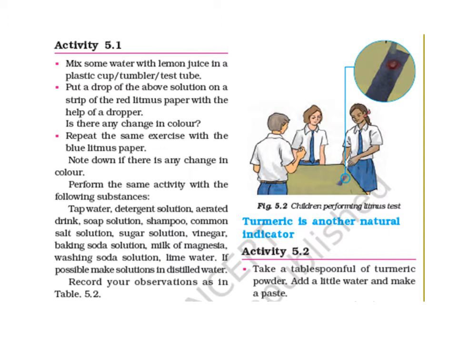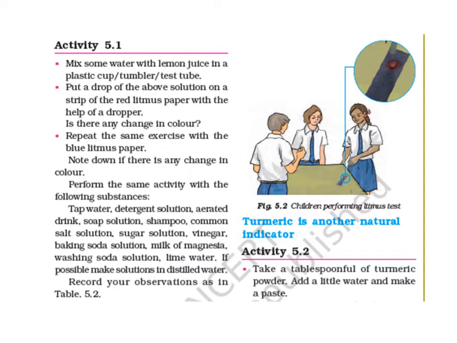You can see in textbook. So under this activity what we have to do here? We have to test some substances which are given to you. The names of those substances are lemon juice, then detergent solution, water, then soap solution, shampoo, common salt solution, sugar solution, vinegar, and baking soda solution, milk of magnesia, washing soda solution, lime water.